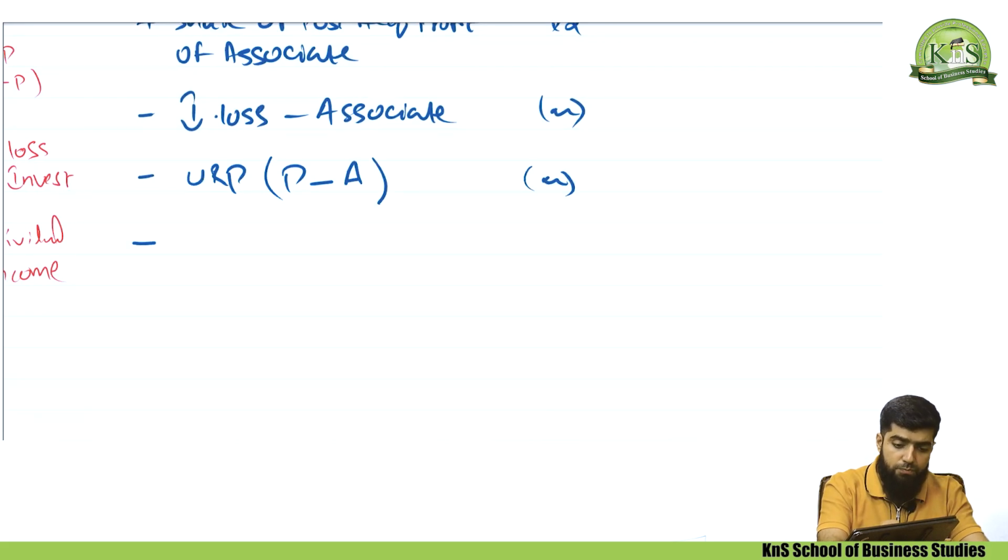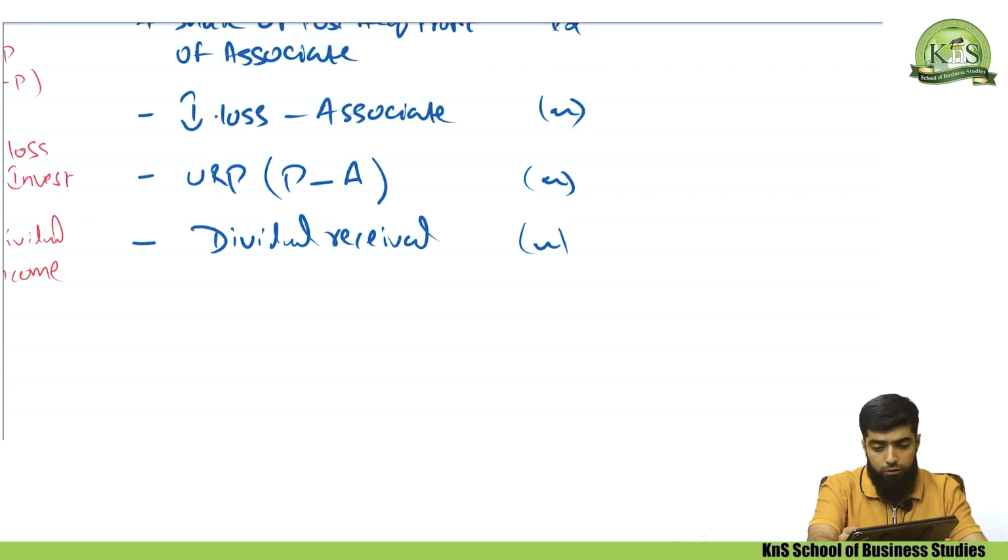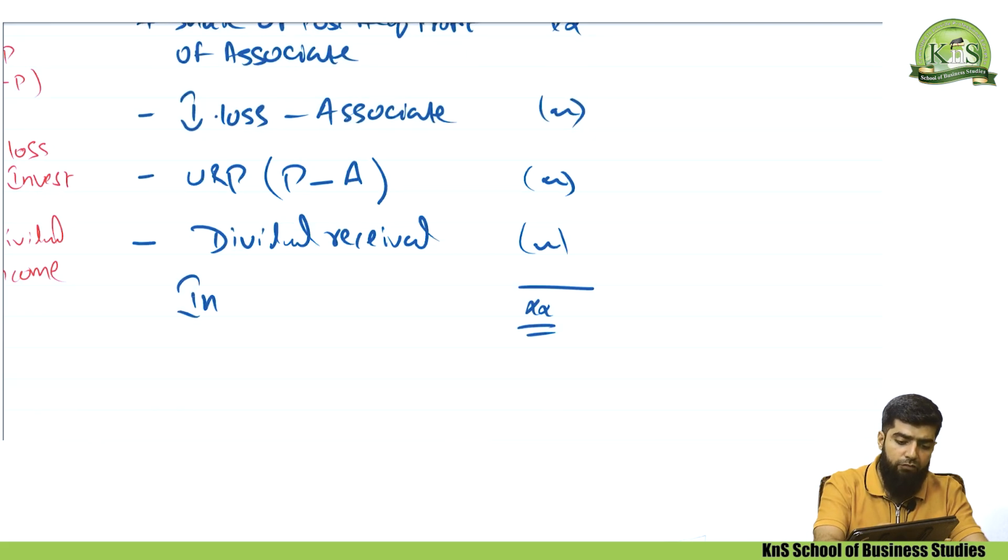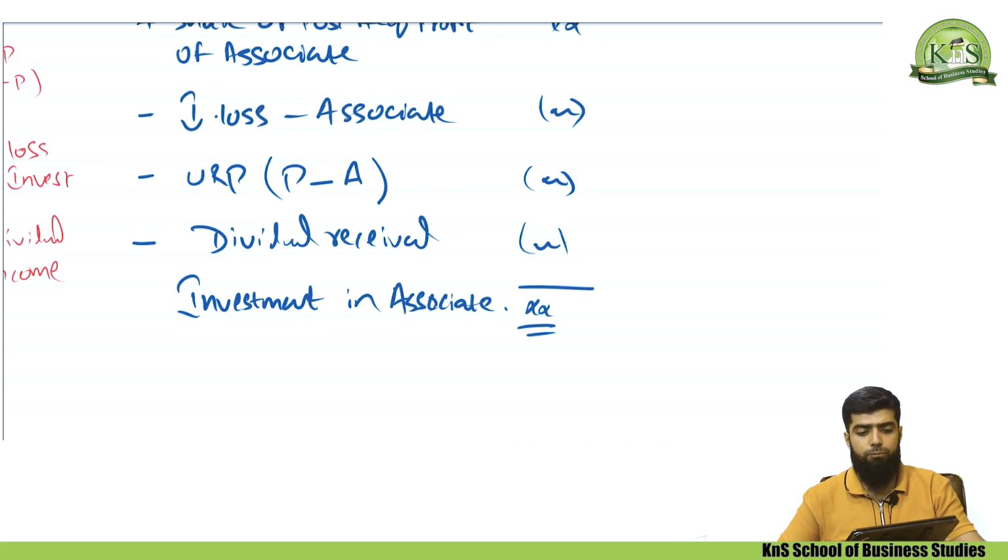And the last adjustment that could be accounted for in the working of investment in associate, that is the dividend received from associate company will also be eliminated. And afterward, the net answer, that is the investment in associate, will be accounted for in the consolidated statement of financial position.